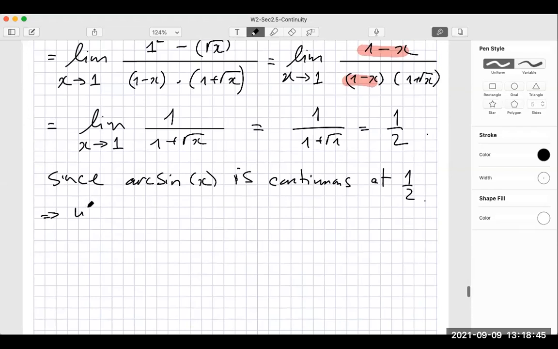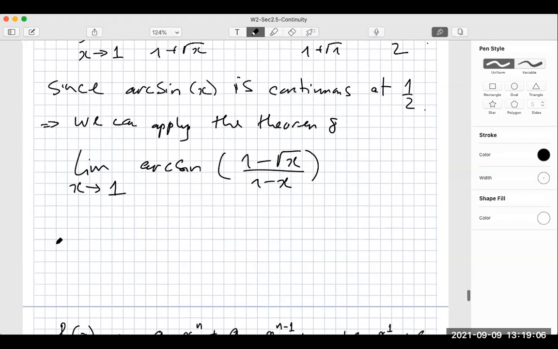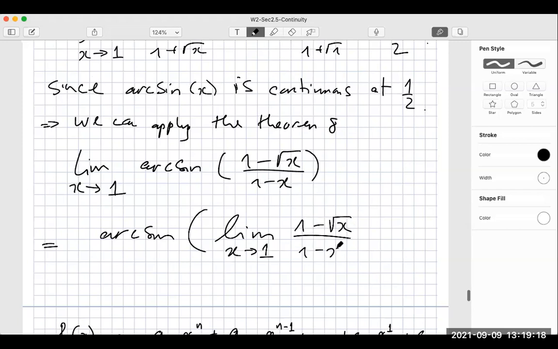Which means that the limit when x approaches 1 of arcsine of this guy is exactly the same as arcsine of the limit when x approaches 1 of 1 minus square root of x over 1 minus x, right?